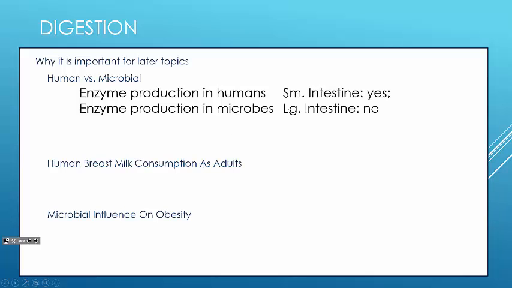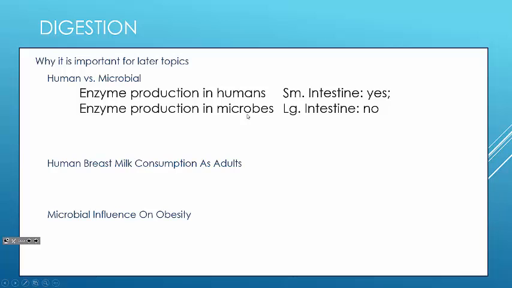In humans, we produce a lot of digestive enzymes in the small intestines. We produce enzymes that break down proteins, lipids, carbohydrates, all sorts of good stuff. In the large intestine, so far as we know, we do not produce any enzymes. We digest the food that we can in our small intestines and then absorb that in the small intestine.